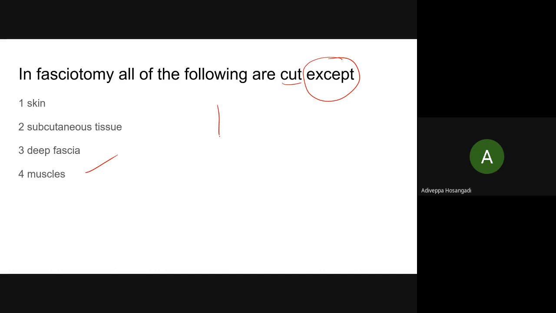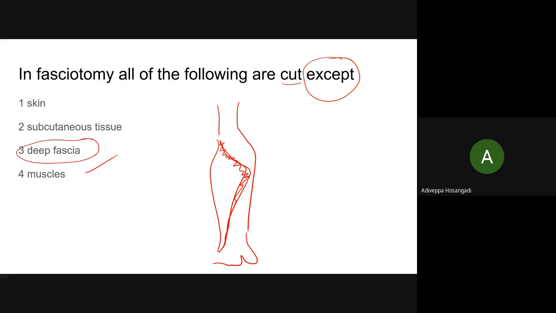Whereas in fasciotomy, what do we do? What has happened here? Here interstitial pressure is raised, but the skin and subcutaneous tissue is tight. It is unyielding, isn't it? So if left alone, what will happen? The muscle will become necrosed. So what you do is a skin incision like this. You cut the skin. Most important is the deep fascia. You have to cut the deep fascia.